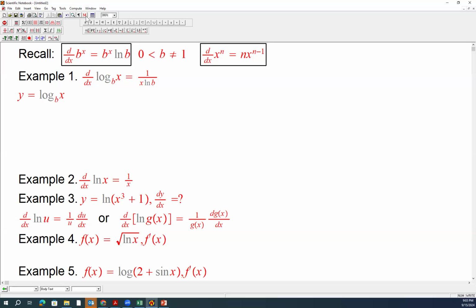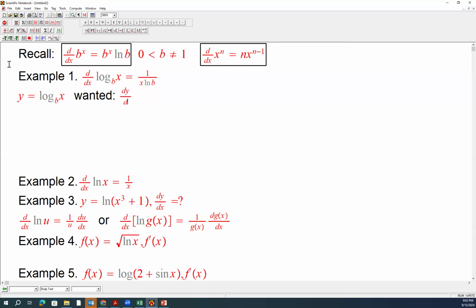We want dy/dx, and y is logarithm base b of x.